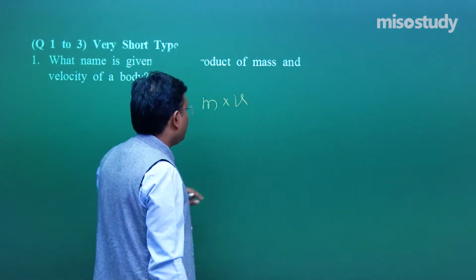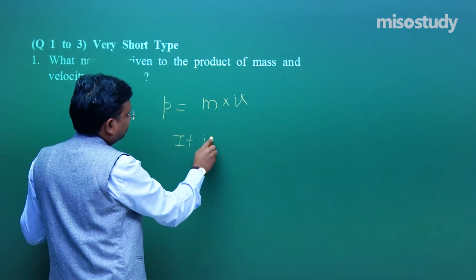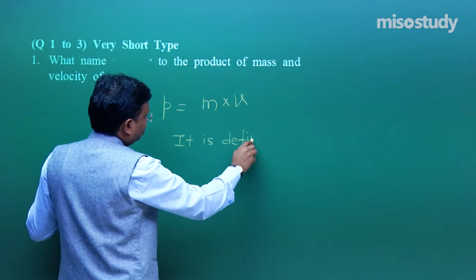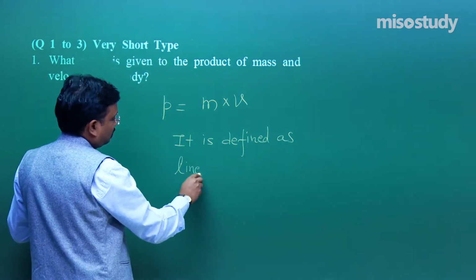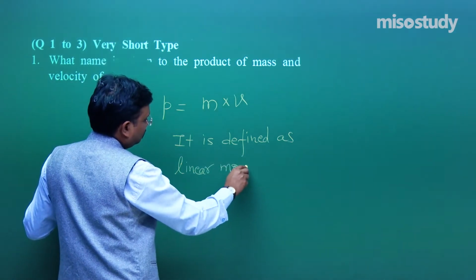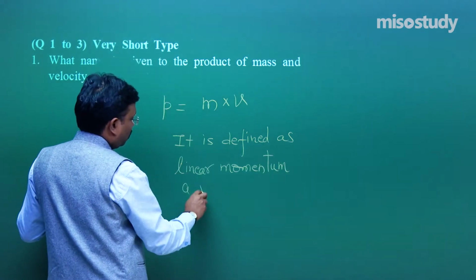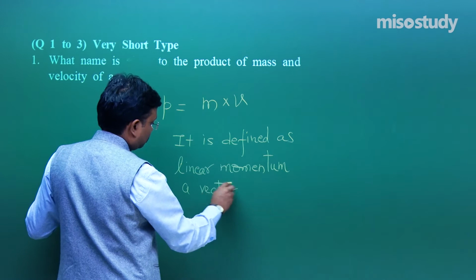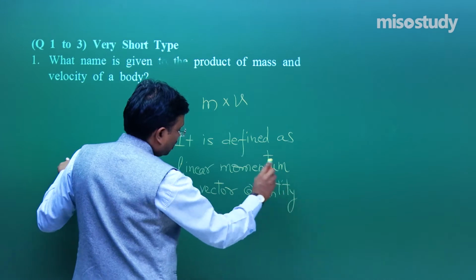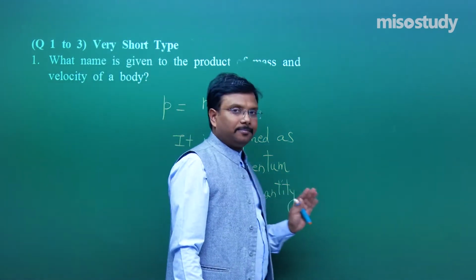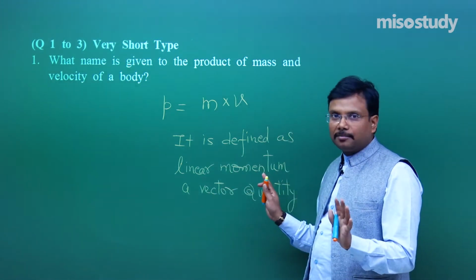Now, you know mv is nothing but p, that is defined as linear momentum, a vector quantity. Fine. So, this is more than required. Whatever is required, this answer is more than enough of that, fine.